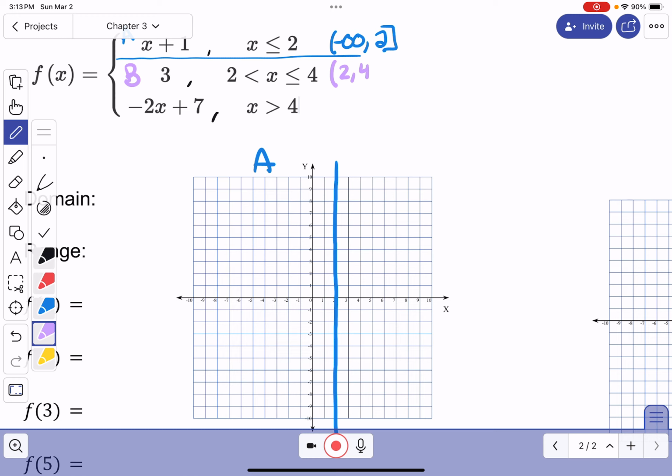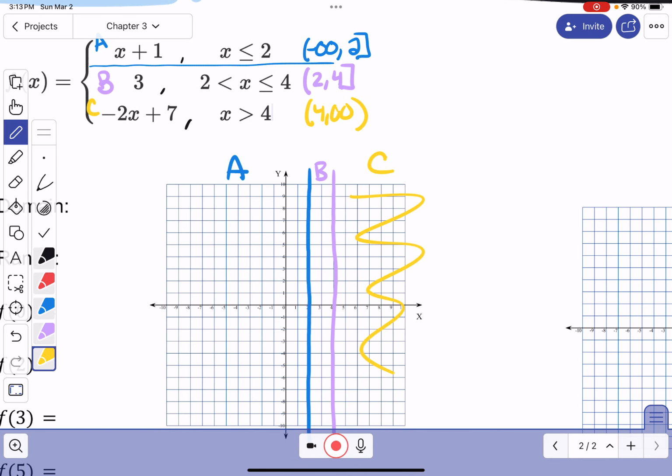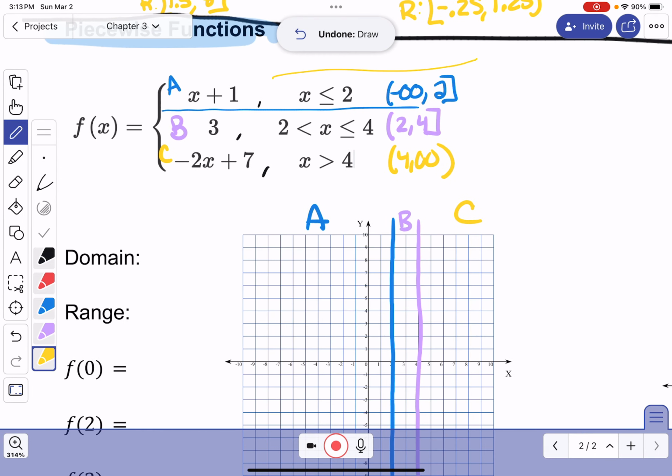So if it was interval notation, it would look like this. And that one's going to be between those two lines. And then finally, C is when it's greater than 4. So C is going to be everything over here in this right section. So that's how those rules work, they restrict your domains.